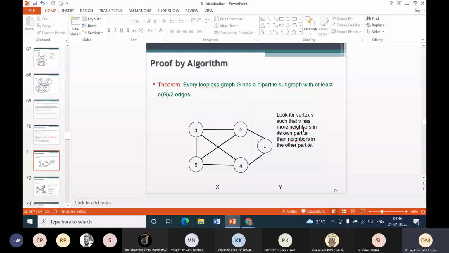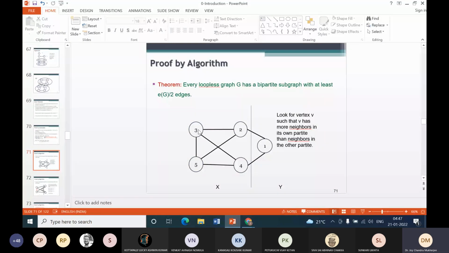Let's look at 1. 1 has fewer neighbors in its own partite, but more neighbors across the partite. So we don't need to bother about it. Say for example we take 2. 2 has two neighbors in its own partite, namely 3 and 5, and one neighbor in the other partite.